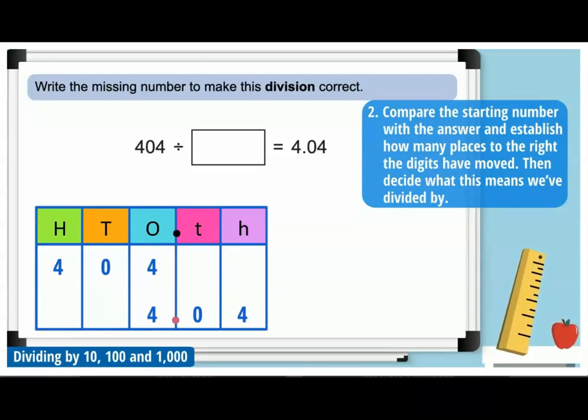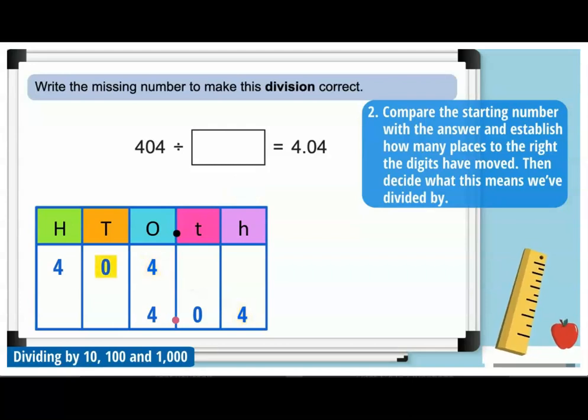Let's start by tracking the digit with the smallest value, which is the digit 4 in the ones column. The digit 4 in the ones column has moved 1, 2. It's moved 2 spaces to the right and is now in the hundredths column.